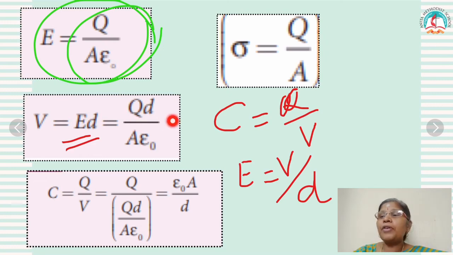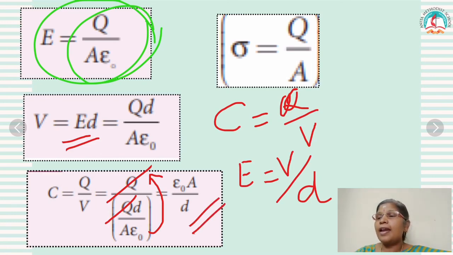Then V equals Q D divided by A epsilon 0. Now, C equals Q by V. Substitute the value of V in this equation. Numerator Q, denominator Q will cancel. A epsilon 0 moves to the numerator side. Then the value of capacitance is A epsilon 0 divided by D.